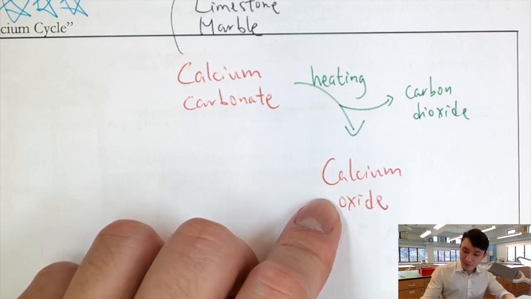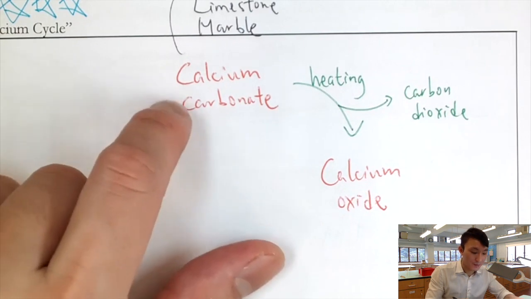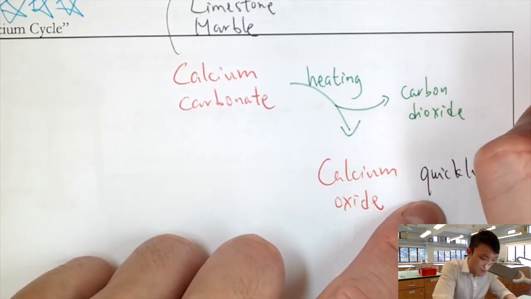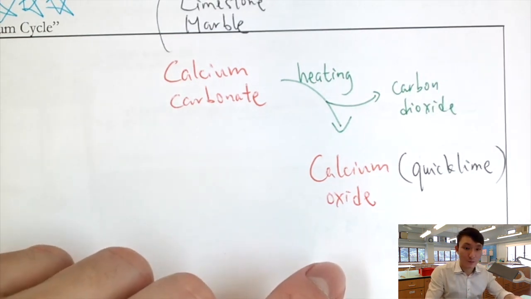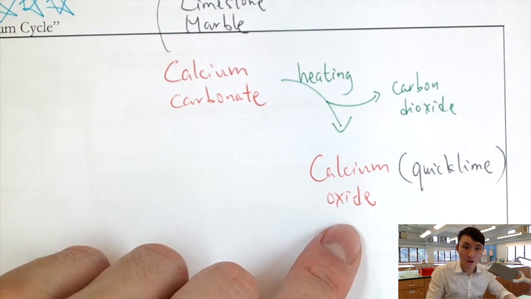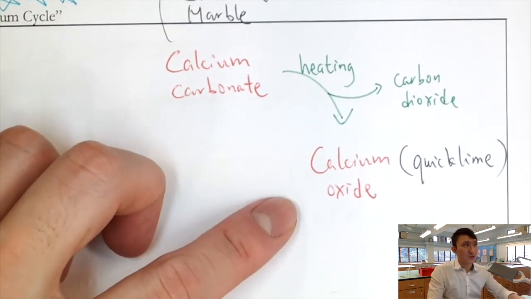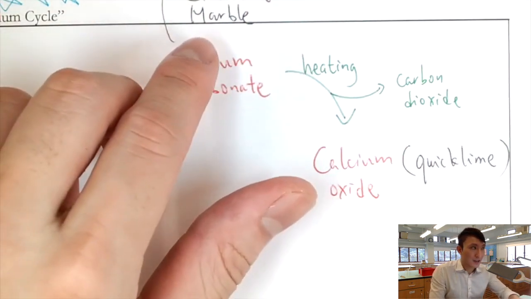Now calcium oxide has a common name, just like calcium carbonate. Calcium oxide is called quicklime. So when you see quicklime, you should know that it is calcium oxide. Now you may ask, why do we have to know these common names?